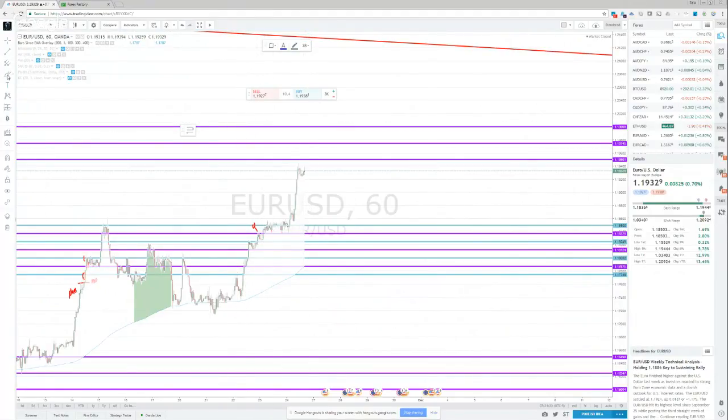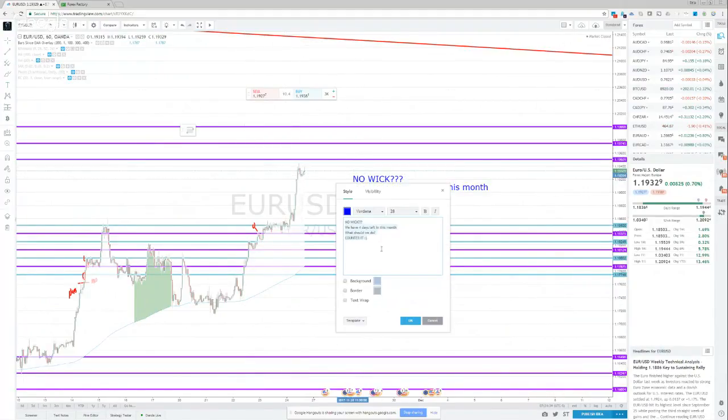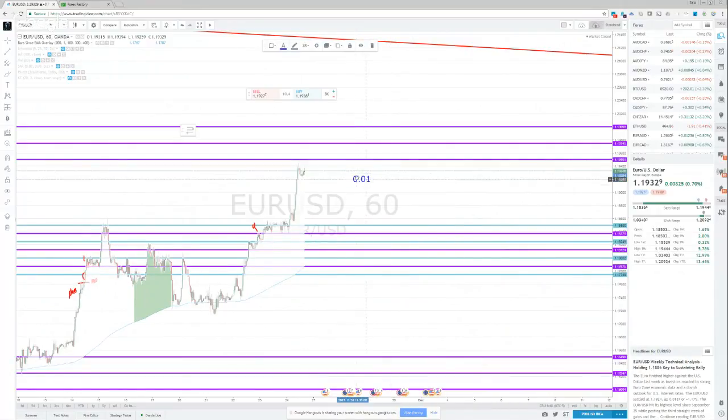It's kind of a martingale. But I always start with the smallest lot size, 0.01 lot. So this is my size at this level, right?